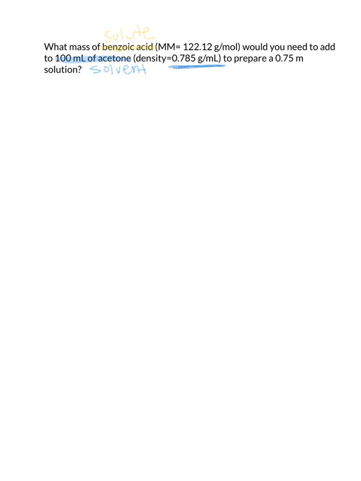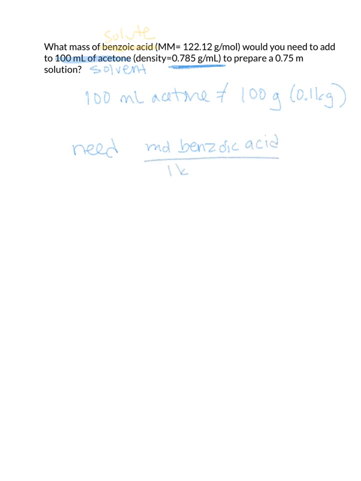So 100 milliliters of acetone just isn't 100 grams or 0.1 kilograms. That's important because this time we need the moles of solute, benzoic acid, per kilogram of acetone. So we need to get that figured out for ourselves.